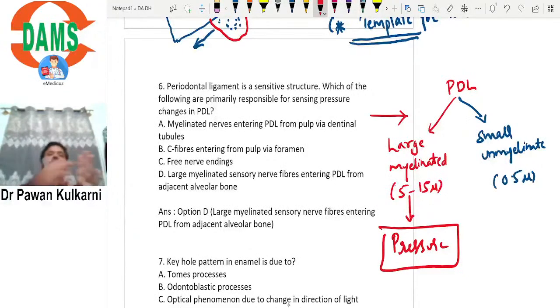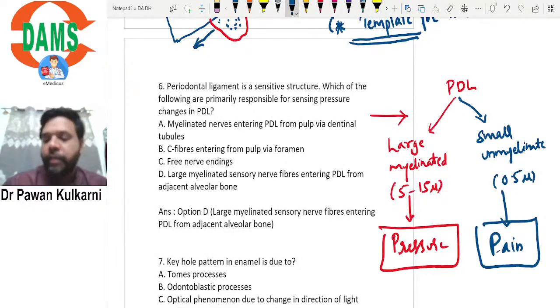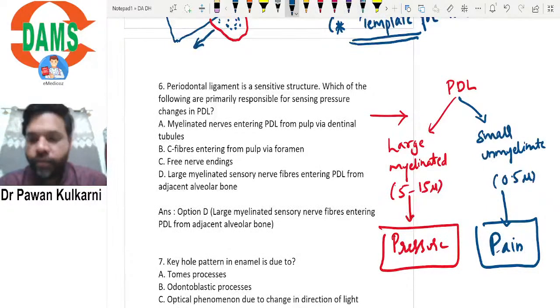So the alveolar bone will send some large myelinated sensory nerve fibers, and those fibers are responsible for pressure sensation. Whereas these small unmyelinated fibers are basically responsible for pain sensation. Pain in the periodontal ligament is mainly because of these small unmyelinated nerve fibers.